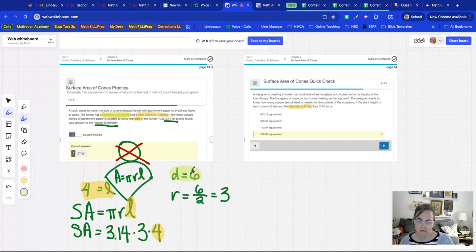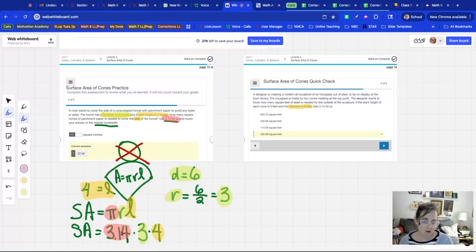Okay. So we cut that in half to get the radius of 3. Here's the radius in the formula. There's the 3. And then 3.14, I had to know that. Oh, but they did give it in the problem. Whoops, here it is. Use 3.14 for pi. Okay, so they gave me that one. They didn't make me memorize that one.